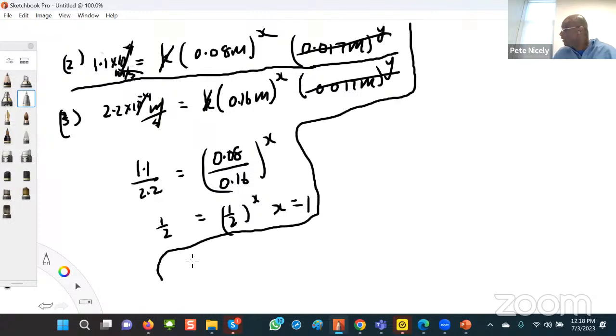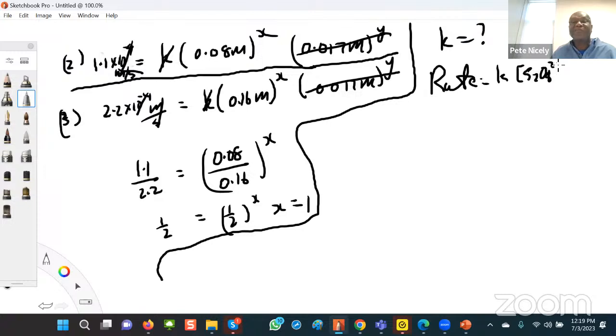Okay, so far we have determined the orders. Let me see here. Oh, we need to calculate the rate constant, K. How do we calculate K? Well, it's actually very simple. First thing I'm going to do is write down the rate law with the orders that we determined, and that's rate is equal to K times the concentration of S2O8 2 minus times the concentration of I minus. All right, so that's basically the rate law, right?